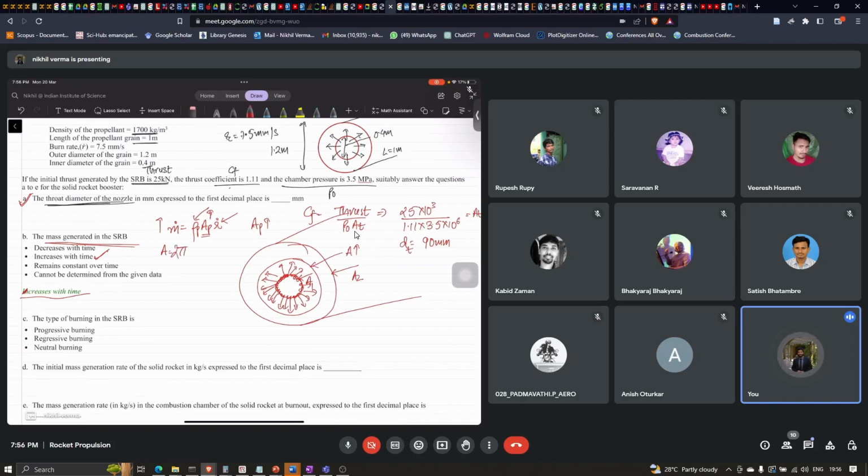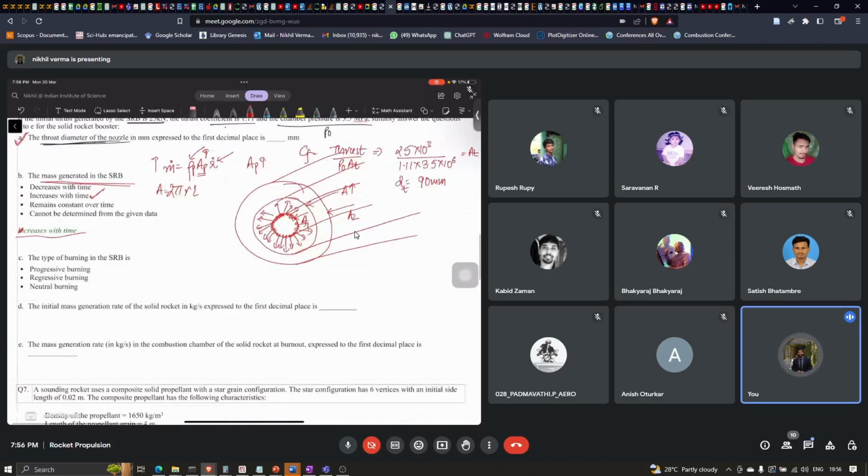So m dot is equal to rho of the propellant, area, which can be written as 2 pi r L, into r dot. As you can see, as the radius increases, the m dot also increases, therefore the mass generated in the solid rocket booster increases.